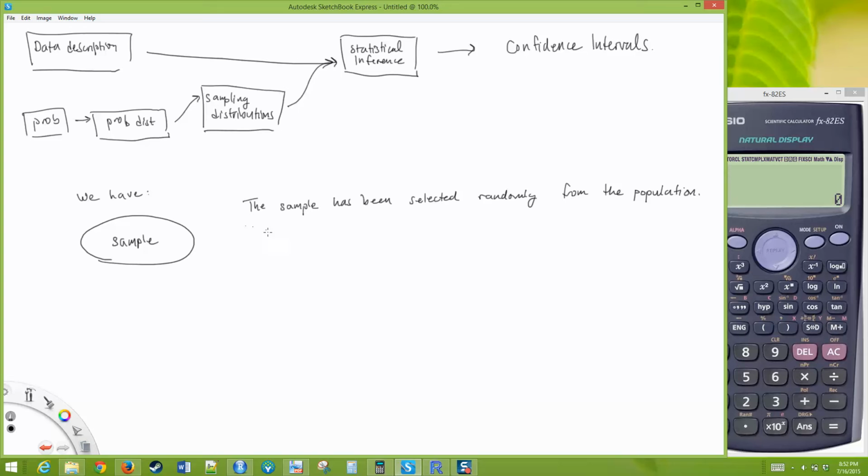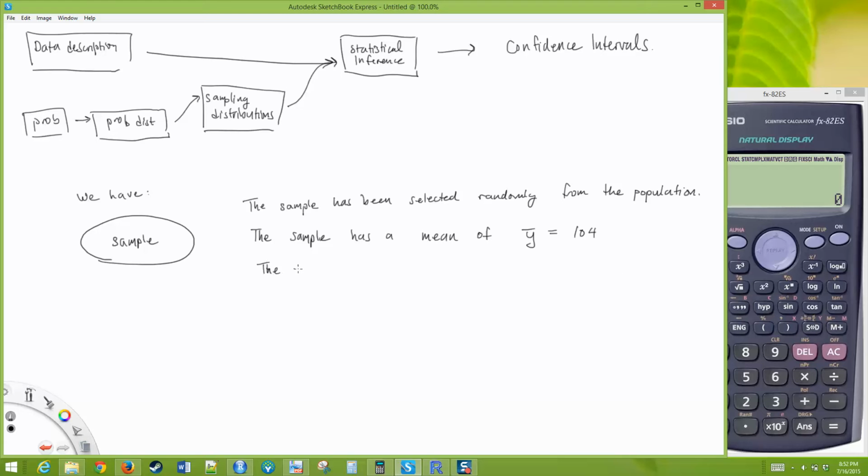Okay, and we'll say the sample has a mean of y bar. So let's say we're looking at IQ scores. Okay, so let's say the sample has a mean of y bar equal to 104.